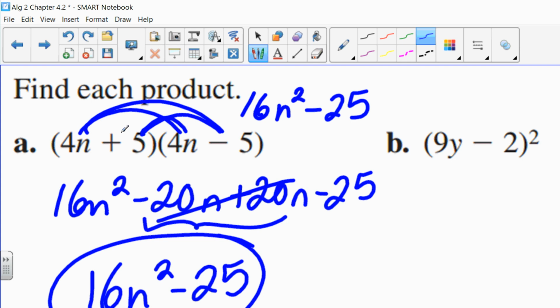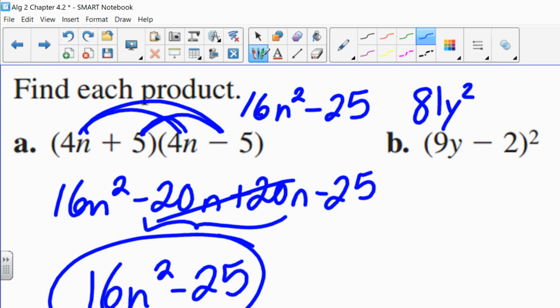Now the middle one, with it being multiplied by itself, the kind of shortcut to it is really it's saying the first term squared plus, well here it would be minus 2 times the two terms multiplied together plus the last term squared. Well, the first term squared would be 81 y squared, because 9 times 9 is going to be 81.